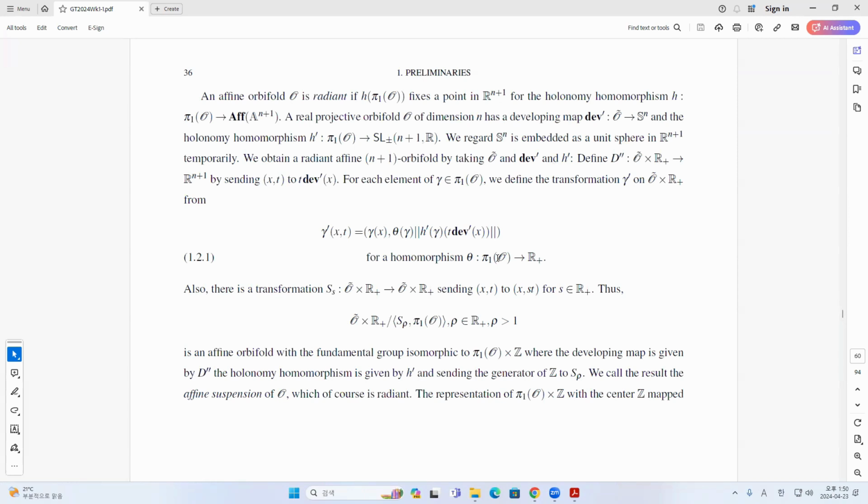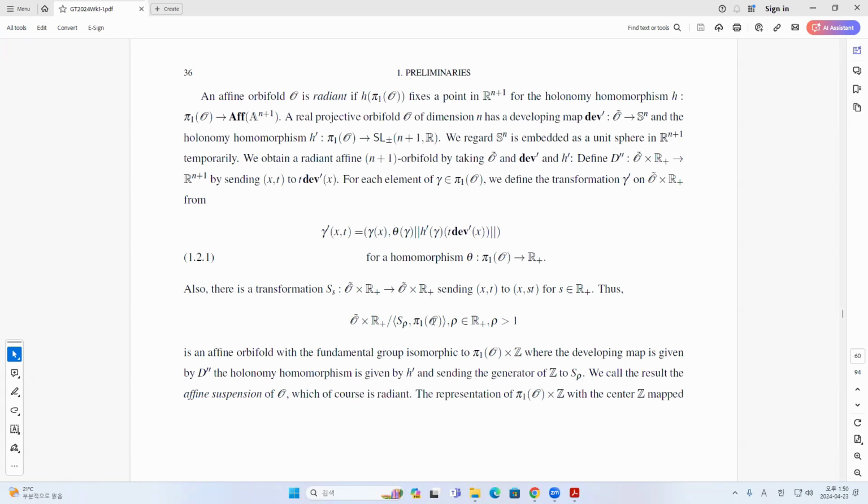As long as this is a homomorphism like this, then you can multiply by it, and there is a transformation sending (x,t) to (x,st) for each t. So we can quotient by the group generated by these maps together with s_rho.